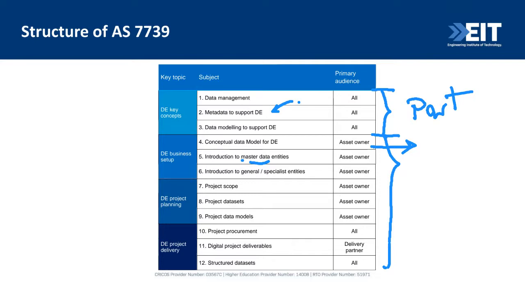So all these subjects can be mapped to a huge workforce for the future of the railway in Australia by implementing the AS 7739.